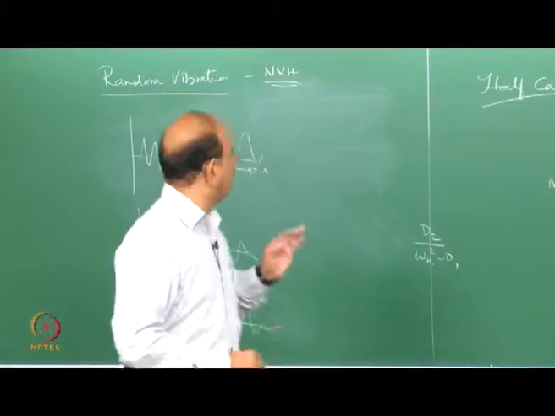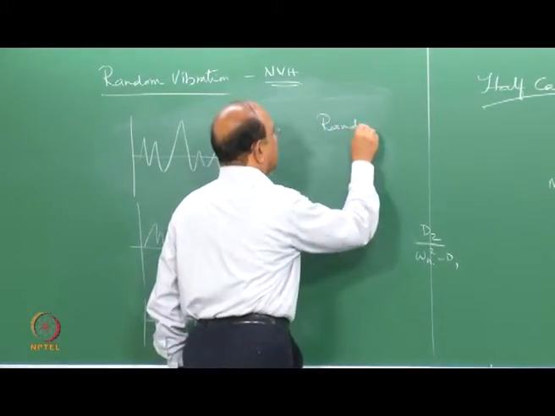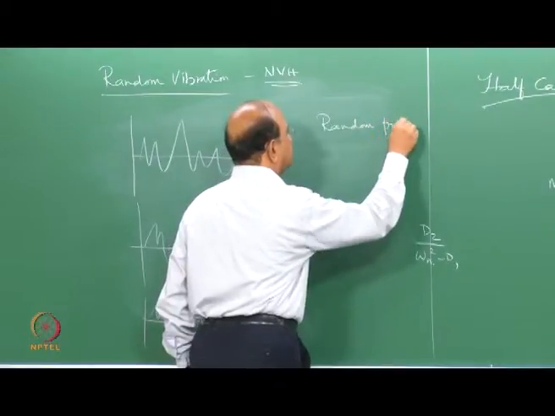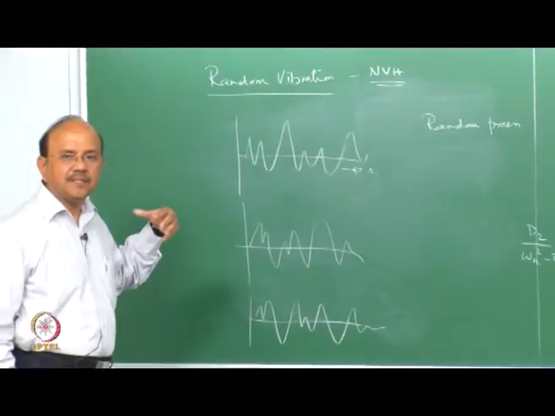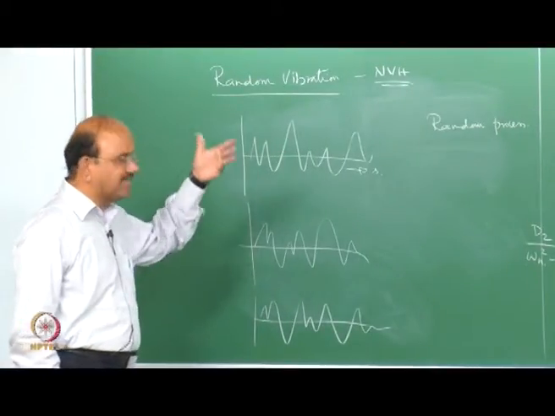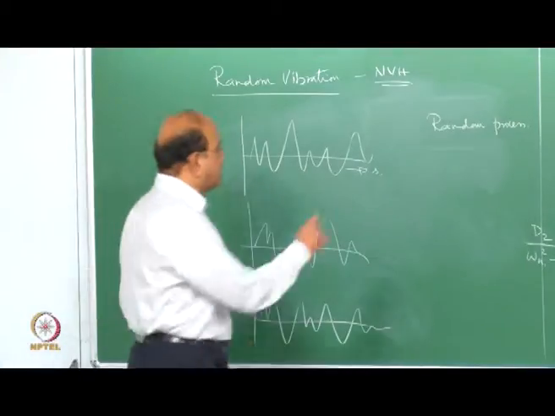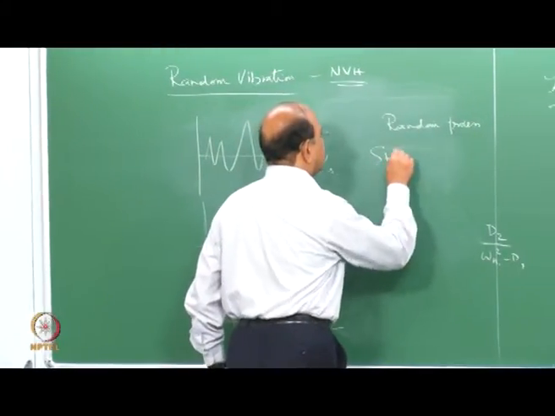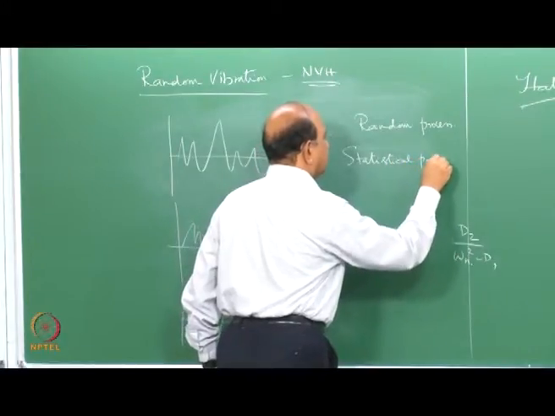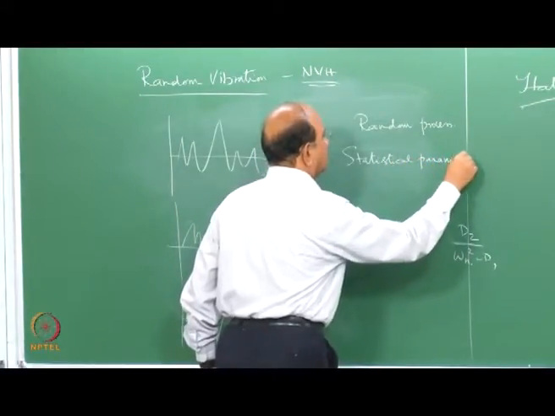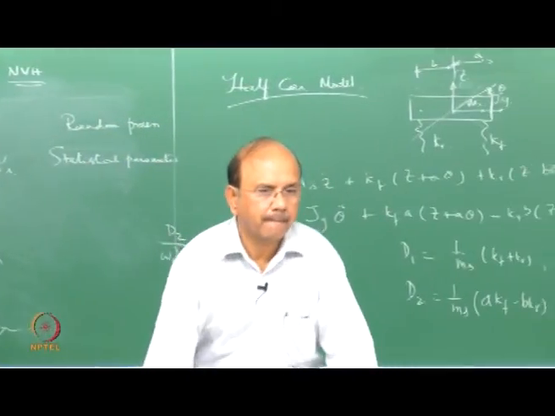We have to understand what a random process is, how to express this as a random process, and more importantly, what are the statistical parameters which govern the random process.